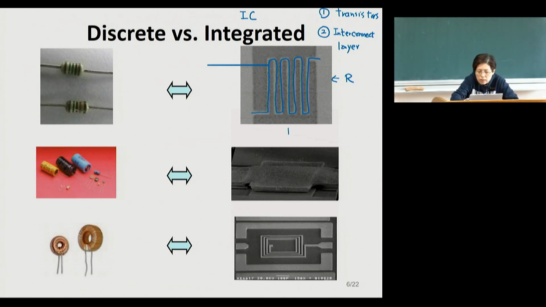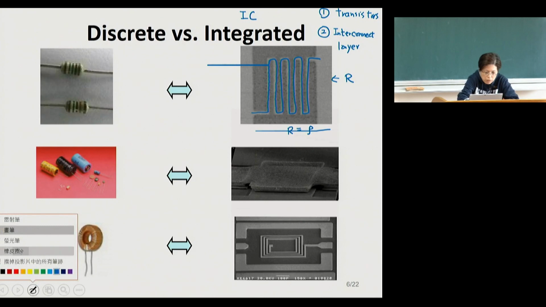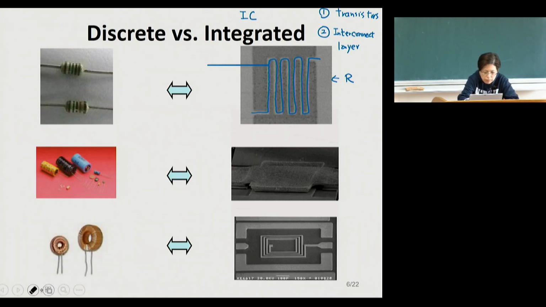So for resistors, we know it depends on what? It's proportional to the resistivity of the material, proportional to length, and inversely proportional to what?